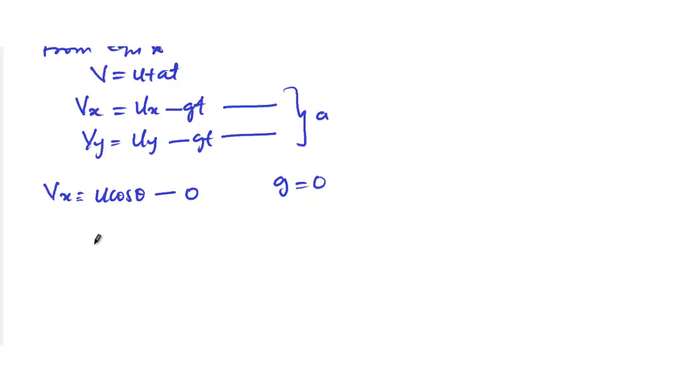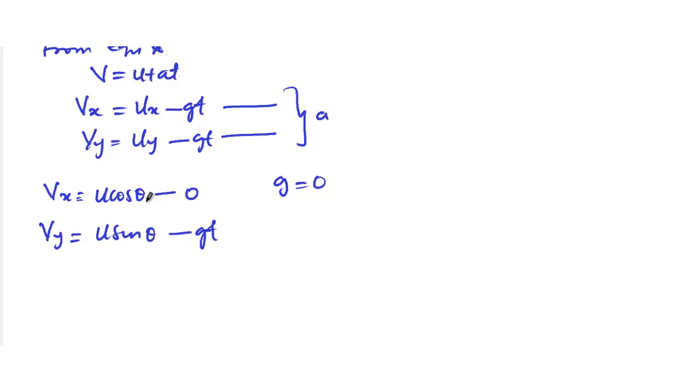So that is that. Then also v subscript y is equal to u subscript y, that is u sine theta, minus gt. There's acceleration due to gravity along the vertical component, so we don't ignore it. So it can't be equal to 0.